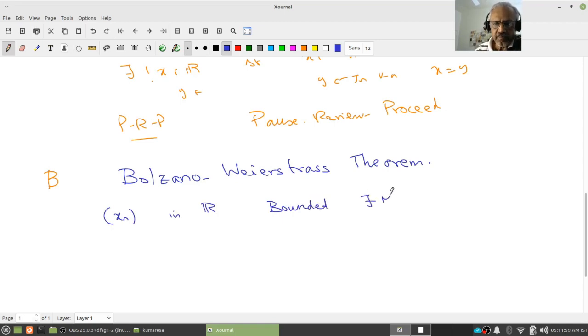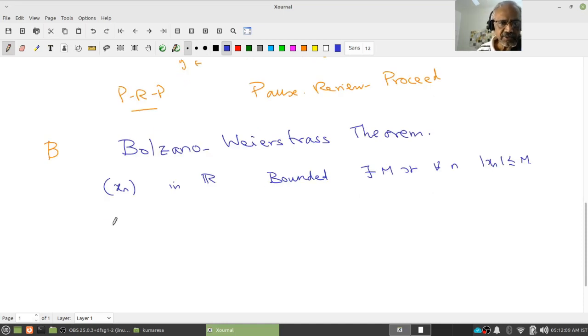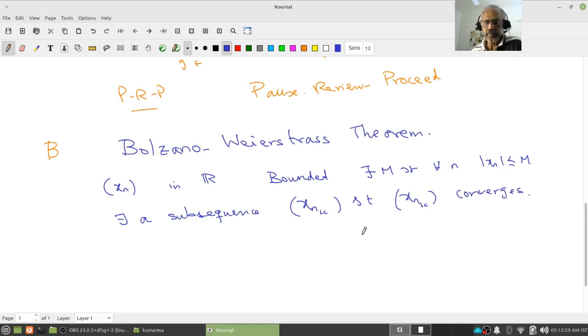There exists an M so that for all n, mod xn is less than or equal to M. Then the Bolzano-Weierstrass theorem says there exists a subsequence x_{n_k} such that x_{n_k} converges. So this is the result we want to prove.